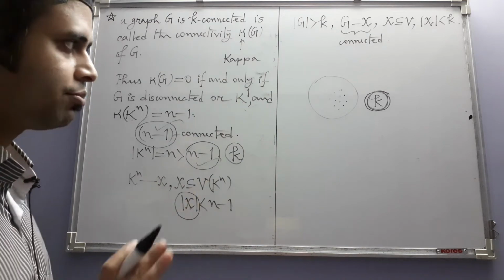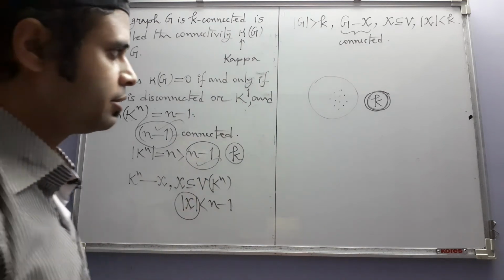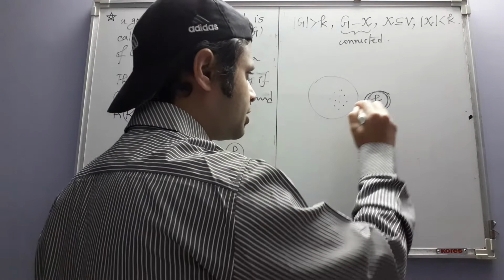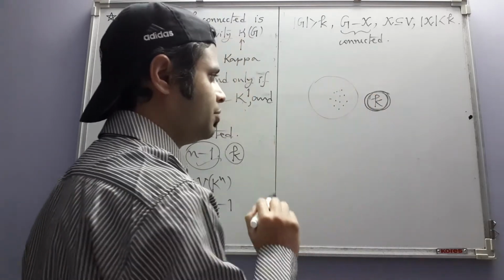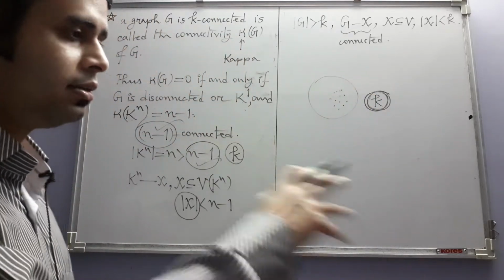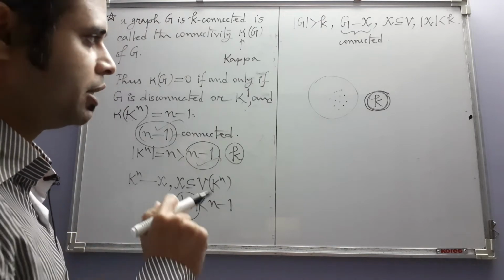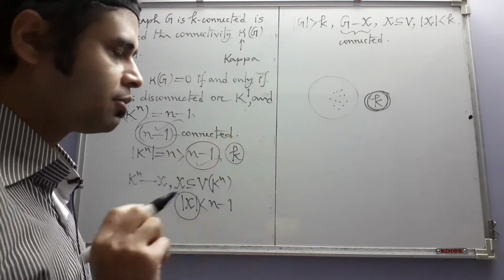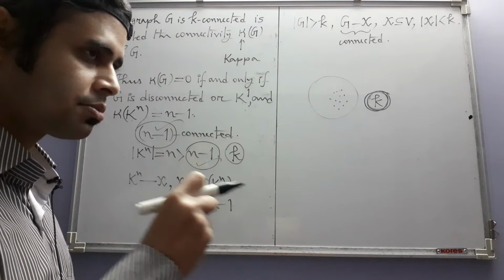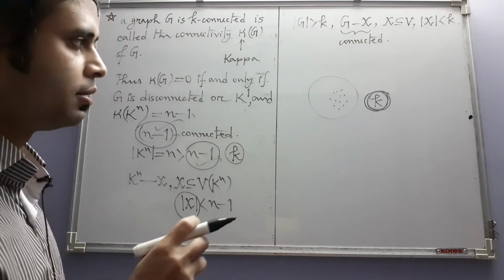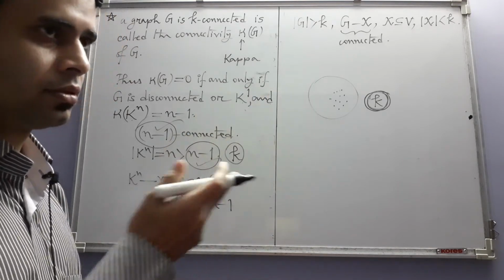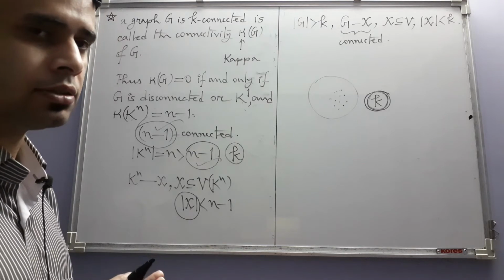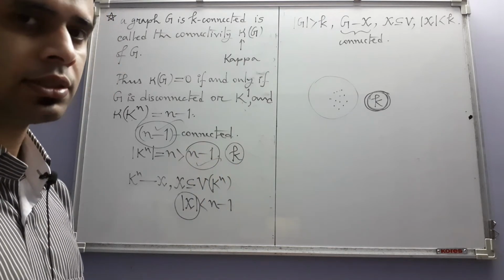But there are some special K number of people, not arbitrarily chosen K people, but some special K people. If you gather those special strong people together, then the thing can be changed. Then you can make the graph disconnected.